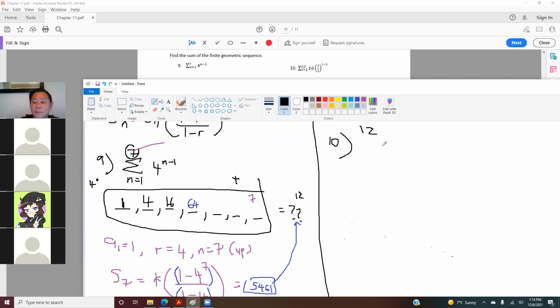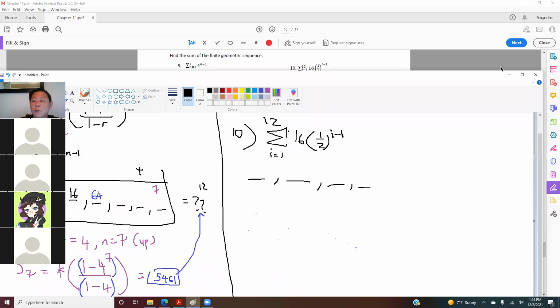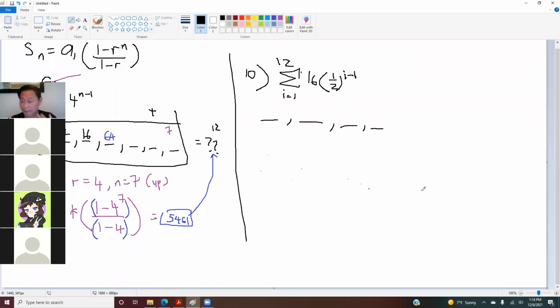Question 10. You add from 1 till 12, 16 times 1/2 to the power of i minus 1. I will recommend you to do the formula way, so do not use the shortcut.